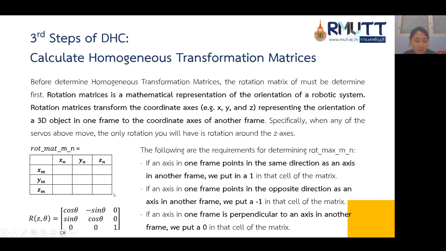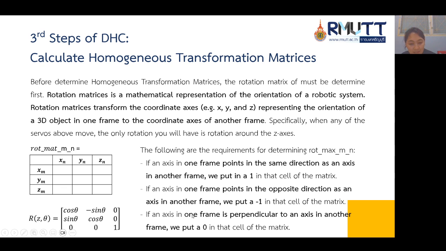To determine the rotation matrix, we have to use these requirements. First, if an axis in one frame points in the same direction as an axis in another frame, we put a 1 in that cell of the matrix.